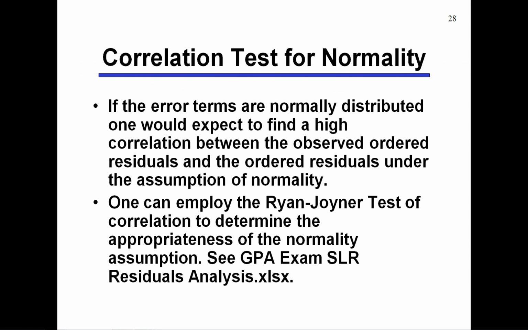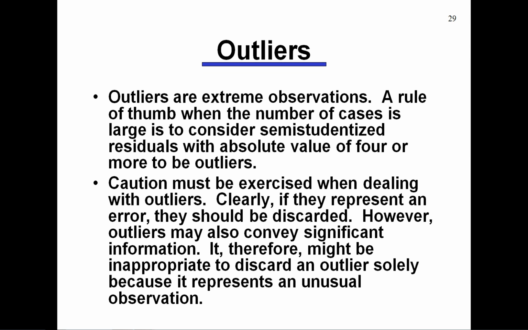We could take a look at the correlation of our residuals versus the expected values under the assumption of normality. If that correlation is high, then that's evidence that the assumption of normality is legitimate. If that correlation is not so high, then we might question that assumption.